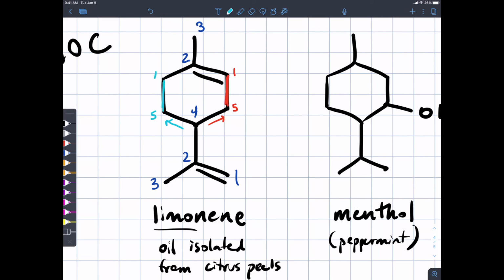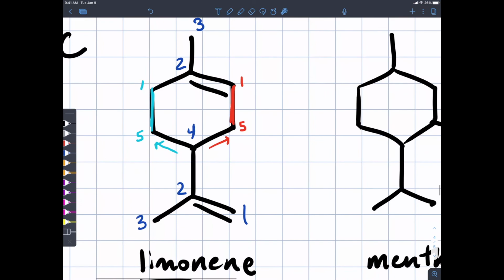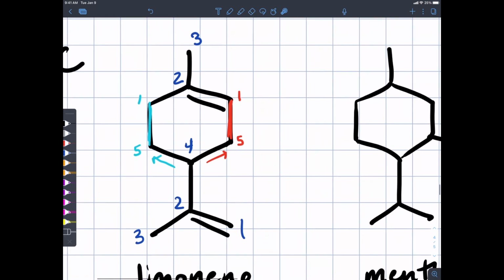Some of you are saying, buddy, it ain't just this part. So it turns out that either way, you have a carbon 5 bonded to a carbon 1, and 1 is adjacent to 2, which is bonded to 3. So either of those identifying isoprene units is fine.